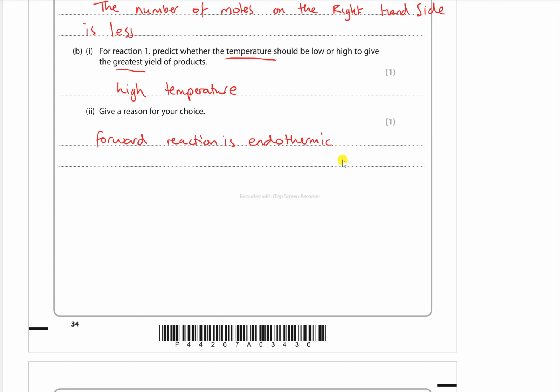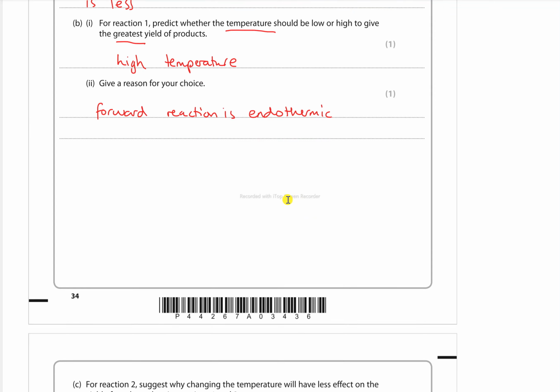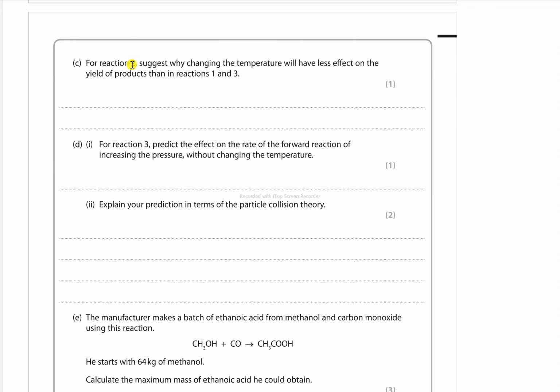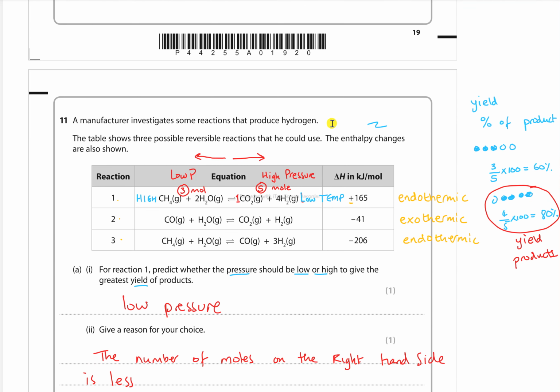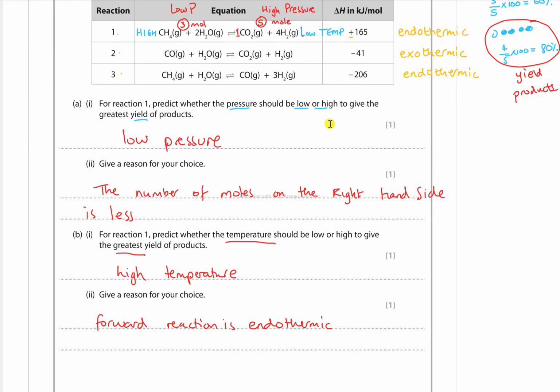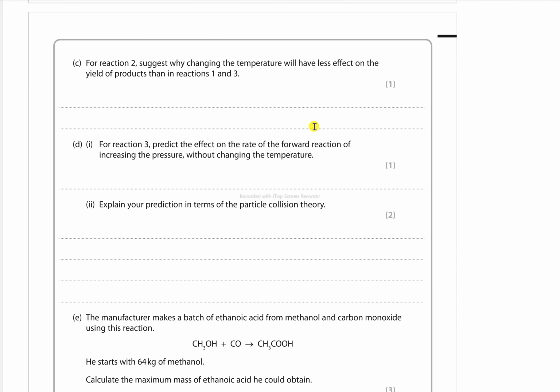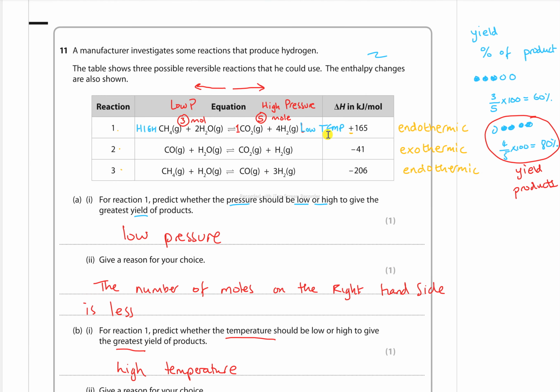There you go. That's more than enough. For reaction 2, suggest why changing the temperature will have less effect on yield of products. If you look here, forget everything else, but just look at the numbers here. That's 165, 206. They're much bigger than 41.